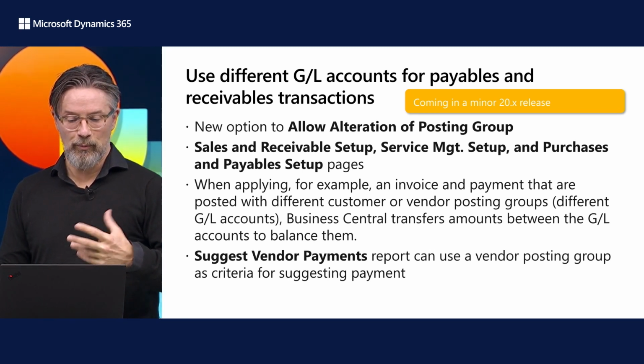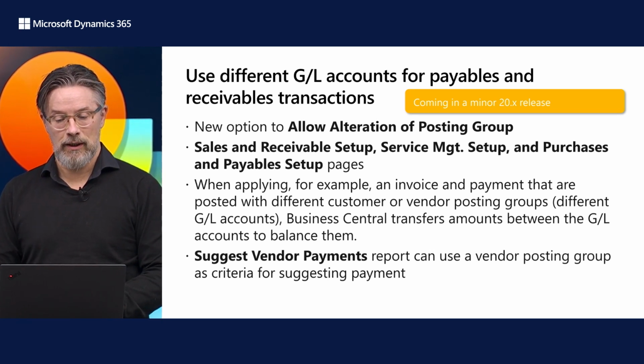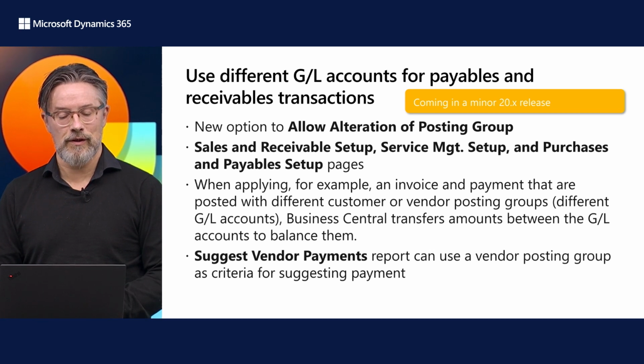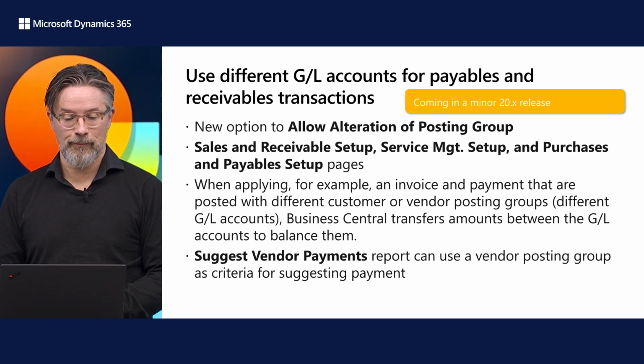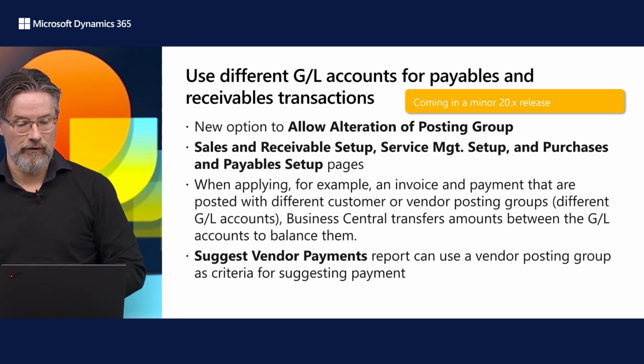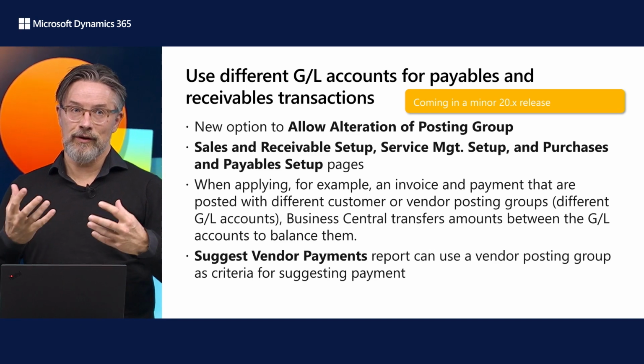So we are going to build in a feature that allows you, per document, to change the posting groups if you have allowed the system to do this. And that will be in sales and receivables, purchase and payables, and also in service management. And now that you have different posting groups, you could have created an invoice with one posting group and a credit memo with a different posting group.